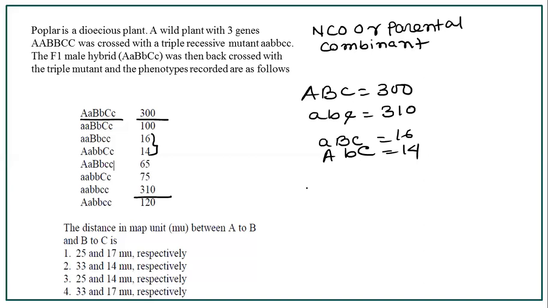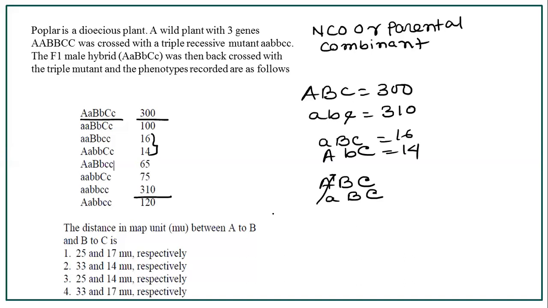Now you have to find out the middle gene, right? What will be the middle gene? Comparing capital A, B, C with small a, capital B, capital C, A is the middle gene.